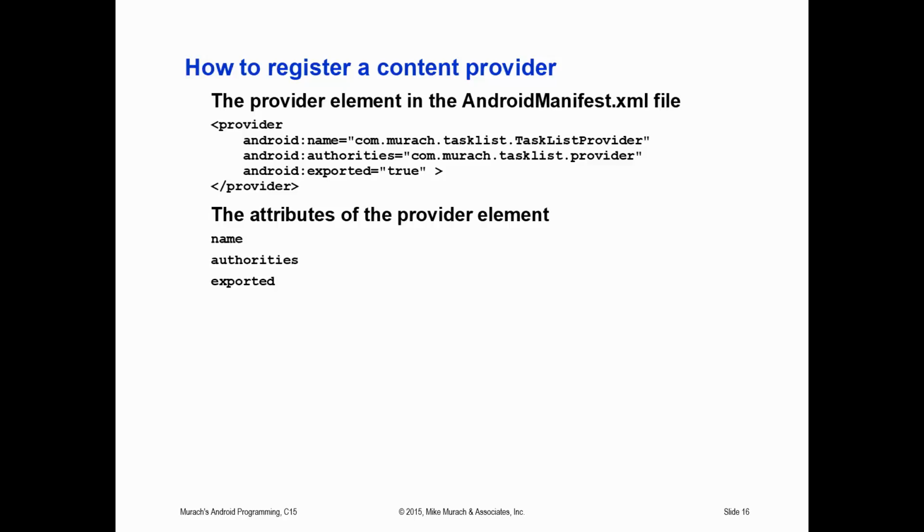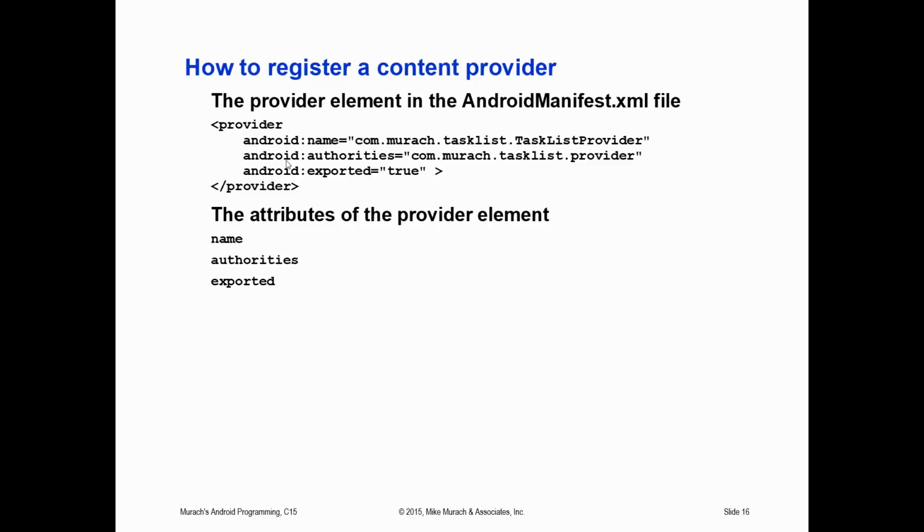The easiest way to do this is to add a provider element to the project's AndroidManifest.xml file as shown right here. When you code a provider element, you can code it at the same level as an activity element. The provider element should use the name attribute to specify the name of the class for the provider, and should use the authorities attribute to specify the authority of the provider. You can see they're both shown here.